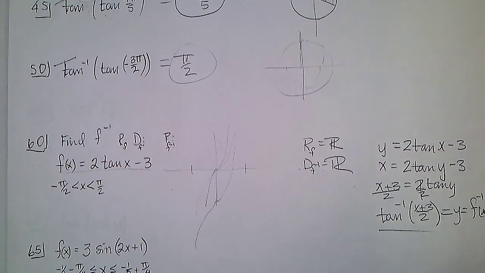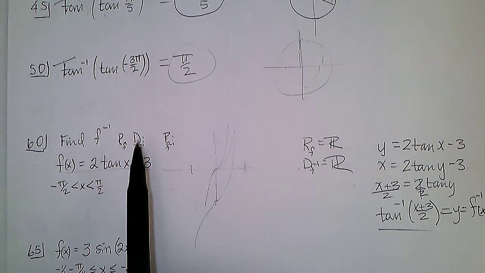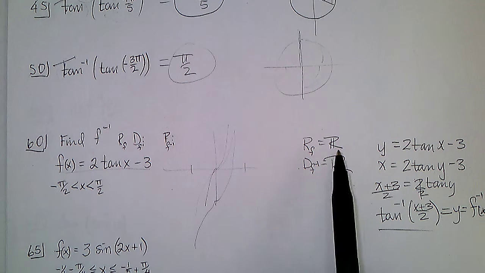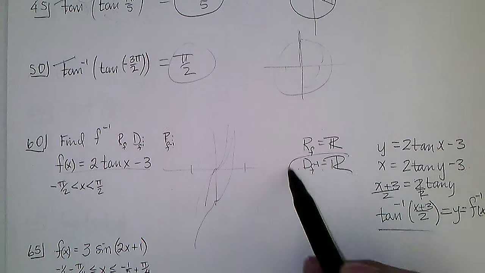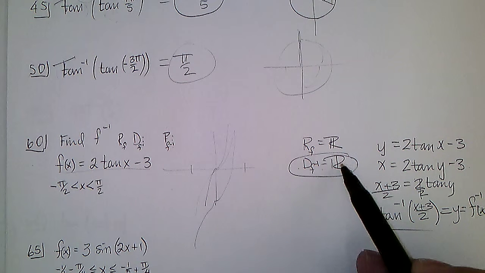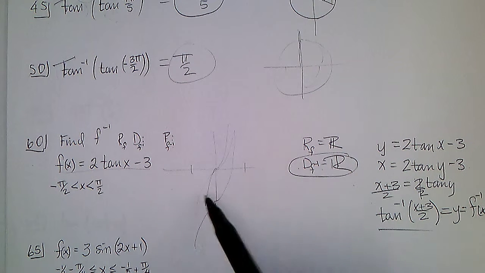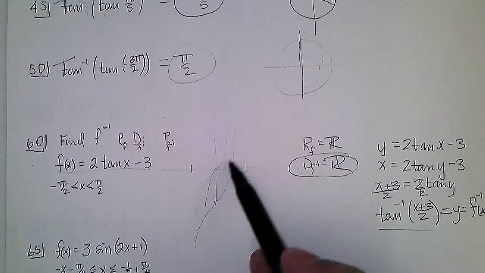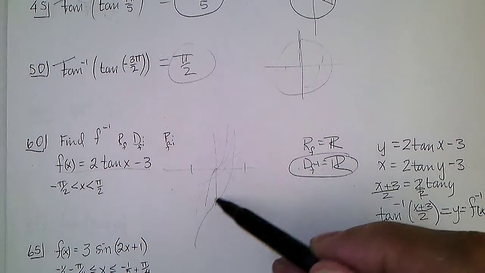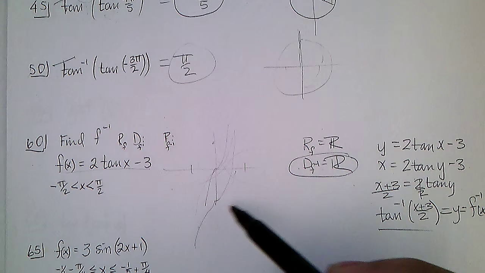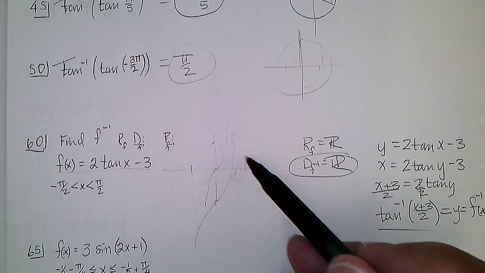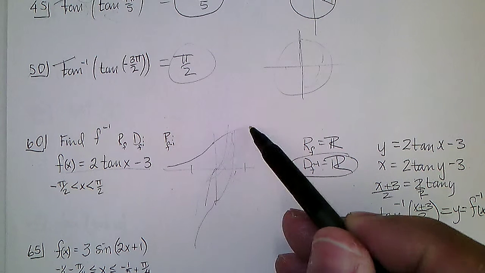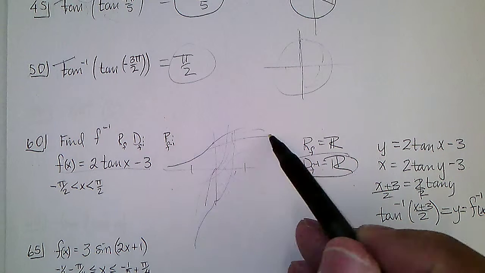Now, the range of the original is the domain of the inverse. So the range was all reals, so the domain is all reals. And this curve now goes this way. Or no, this way. Now it goes towards 3. It goes towards the axis, goes something like this.